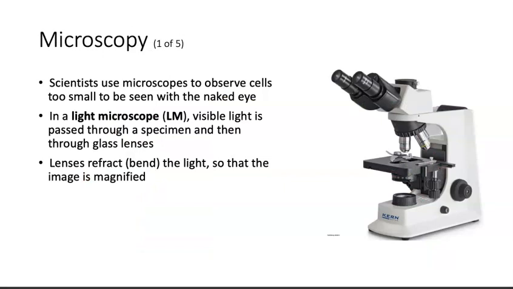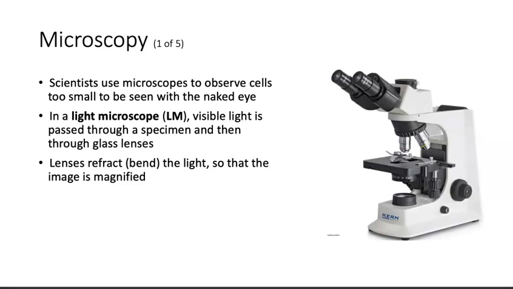So you've seen this kind of microscope. This is our basic light microscope. We've used these in labs already, and we use the symbols LM for light microscope. It's something too small to see with the naked eye, but something that we can see in lab.